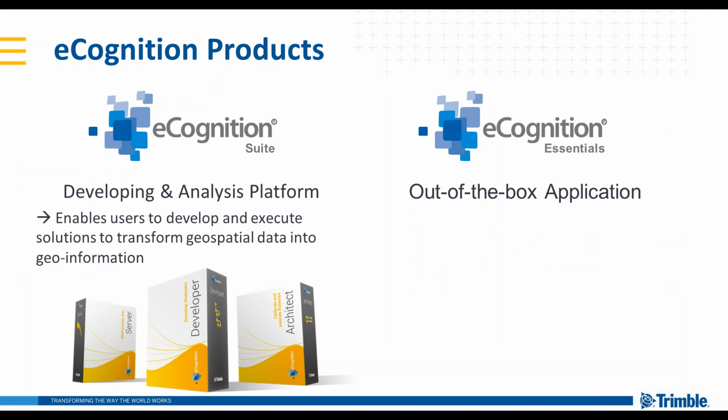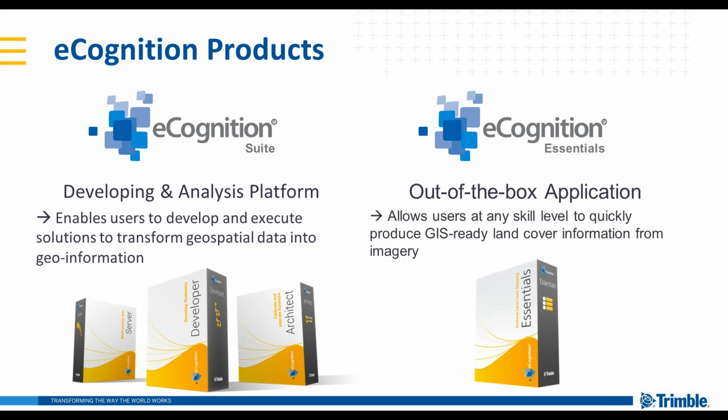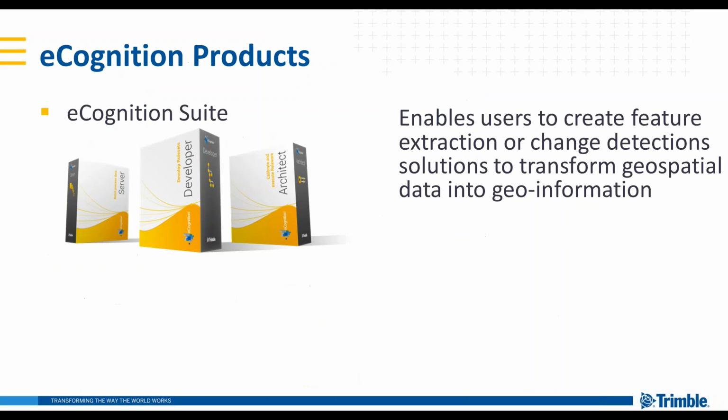I'll go into a little bit more detail on each of these, but essentially the eCognition suite is going to enable users to develop and execute their own custom solutions to transform their geospatial data into these actionable information products that can be used further down the pipeline. The out-of-the-box capability of the application, eCognition Essentials, takes the functionality of eCognition suite, but provides you a structured and more simplified workflow.